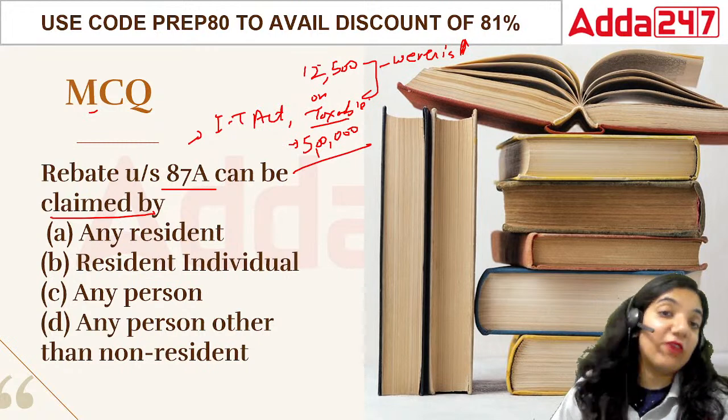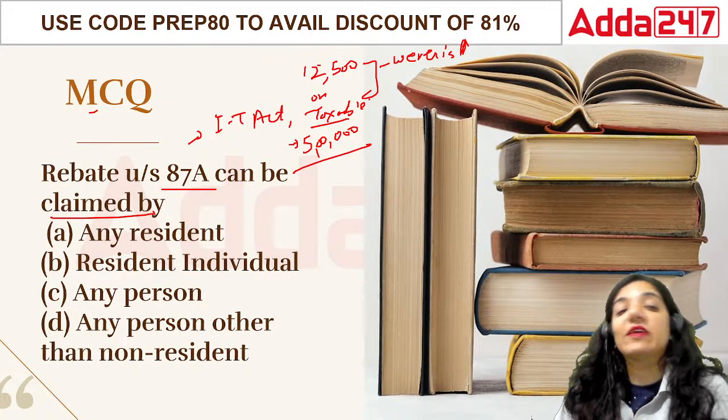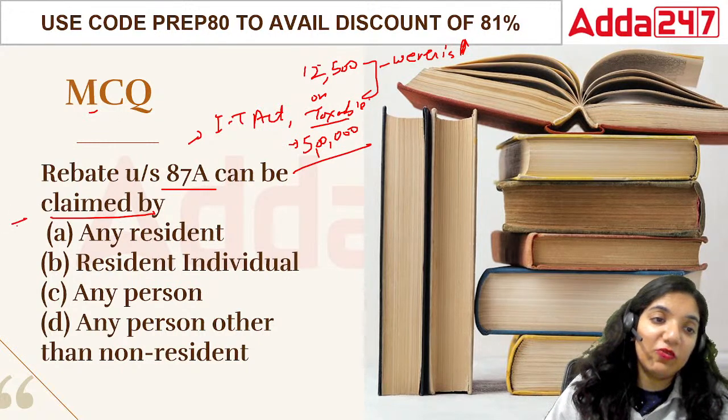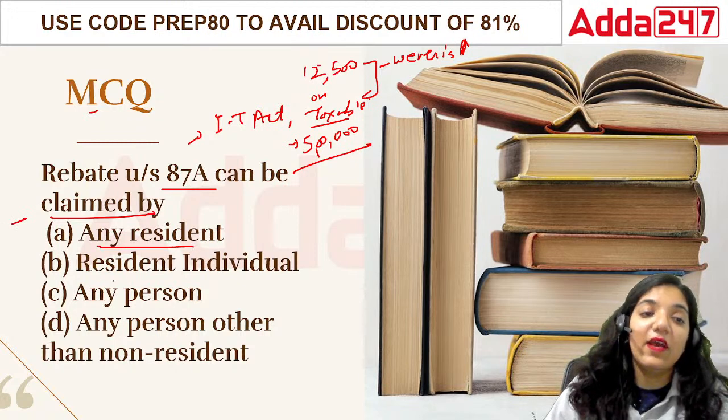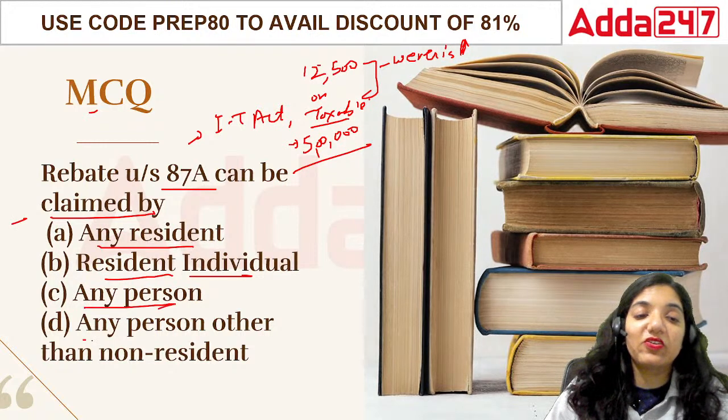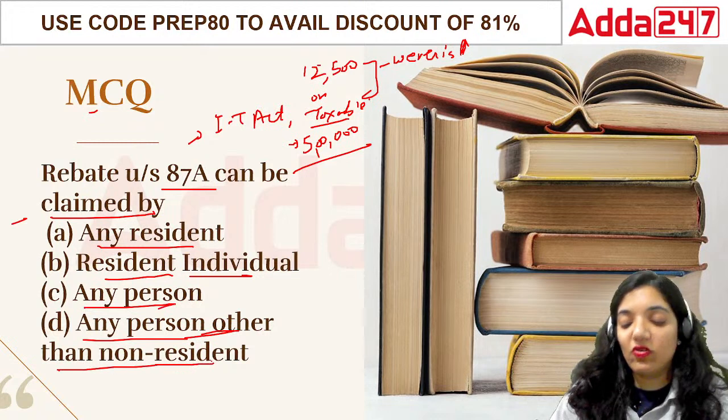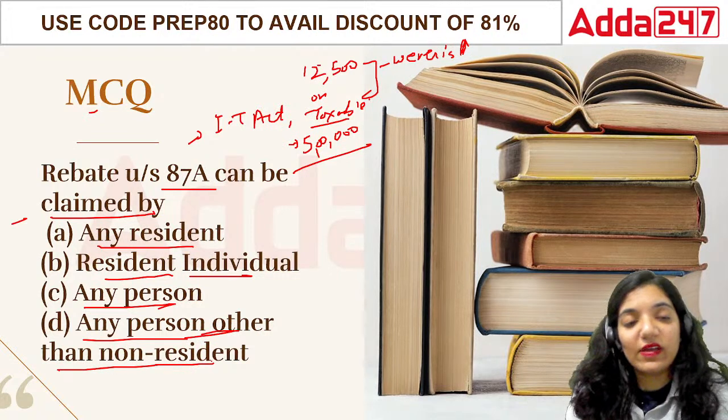That means you don't have to pay that much amount of income tax. Now this is available only to a resident individual, or any person other than a non-resident. What's the correct answer, everyone?